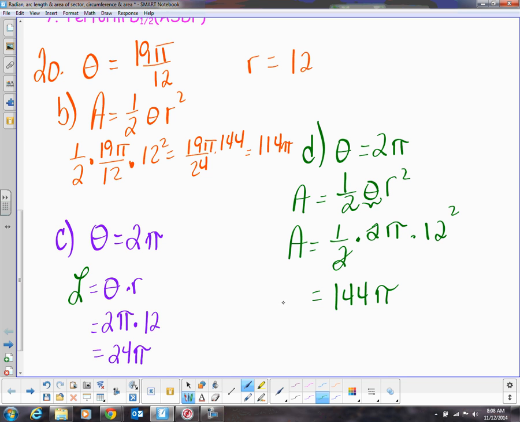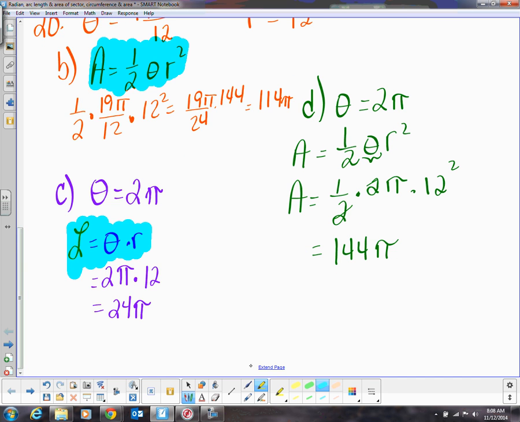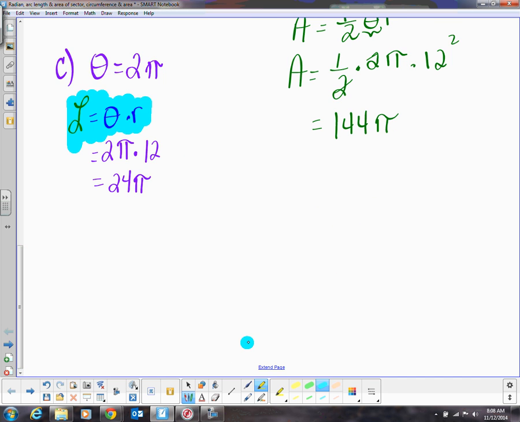So these two problems required two formulas. One of them was your area of a sector formula. The other was your arc length formula. Now I want to show you something that amazed me because trig was always kept separate from geometry as far as our radian measure was concerned.